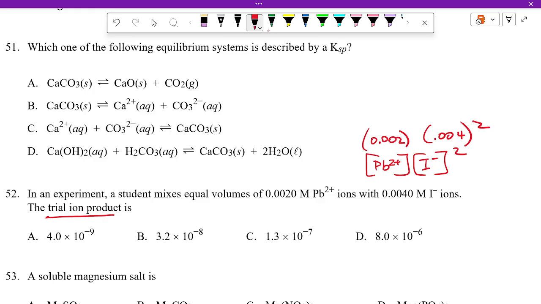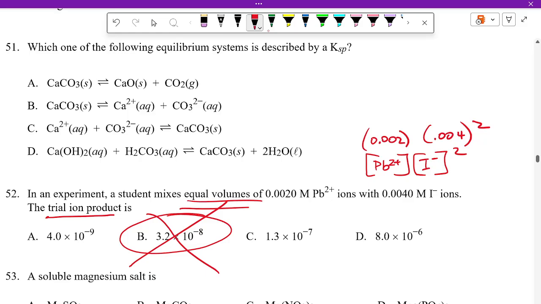3.2 times 10 to the negative 8? Not 3.2 times 10 to the negative 8, no. Is the right answer in the answer key? Oh, well, that's wrong. Okay, so we have mixed equal volumes. So this would have to be half, 0.001, and this would have to be 0.002 squared because we mixed equal volumes.